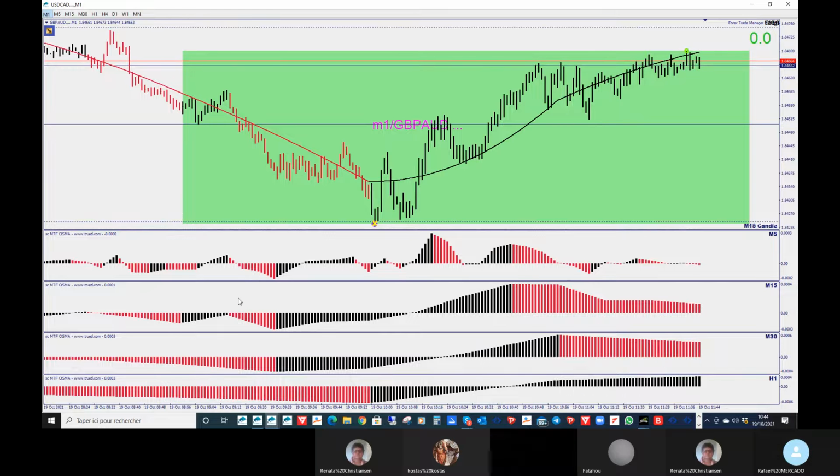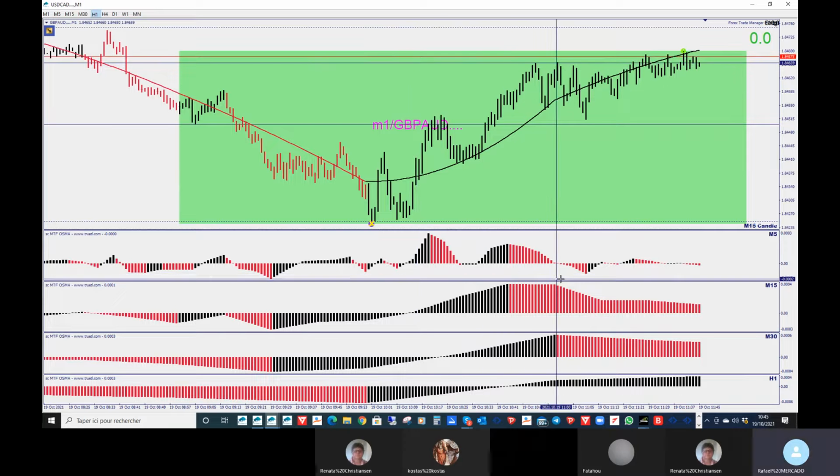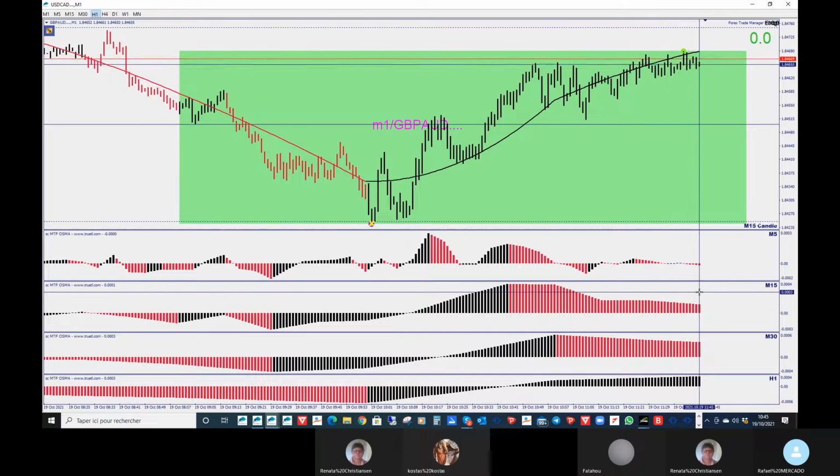So the first initial move you find is the low of the session. After that, now you found the high of the session. If you go up now, it's trying to make the high of the session.